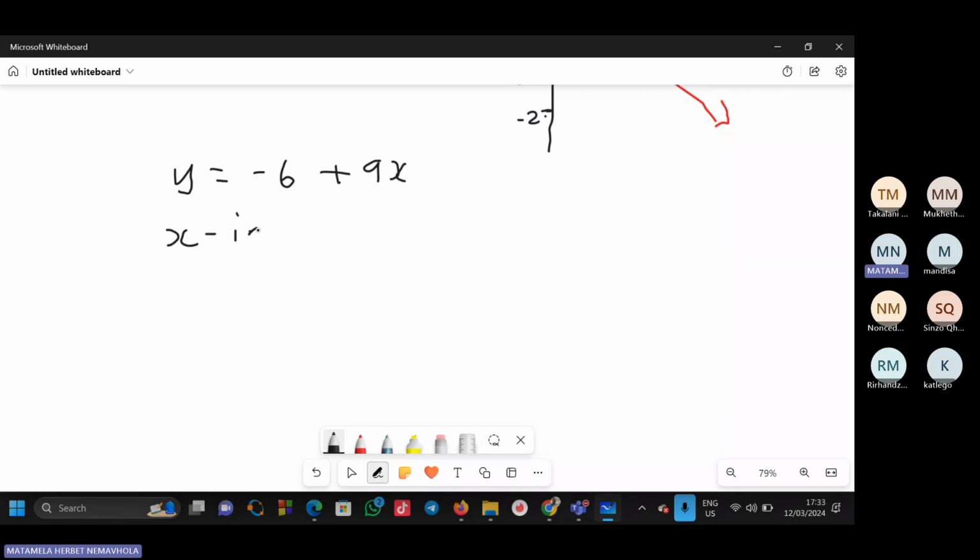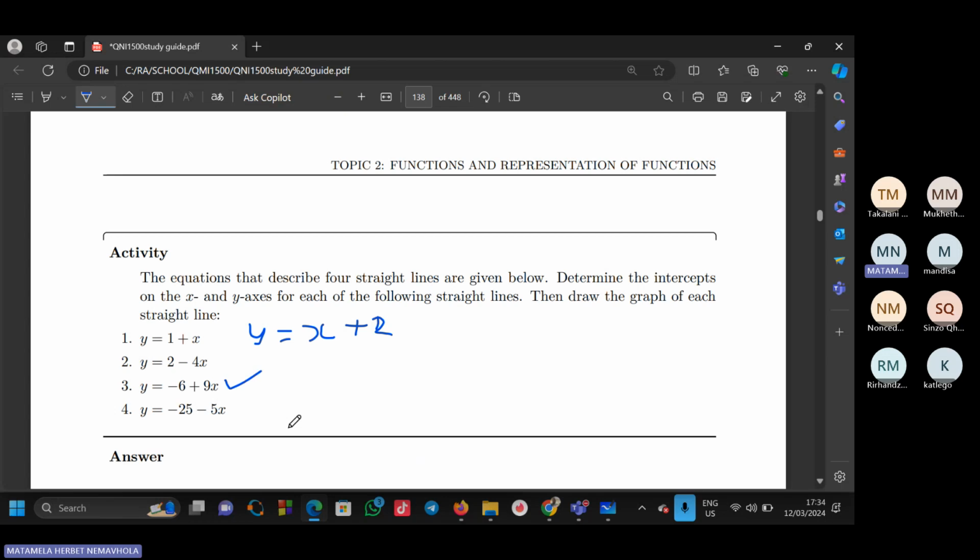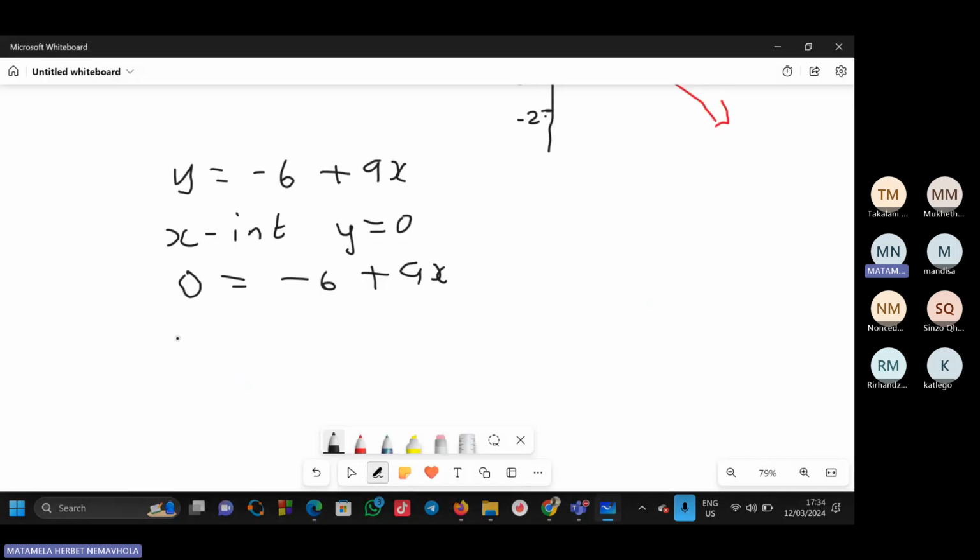Our y is going to be equal to 0, so I can say 0 equals negative 6 plus 9x. I hope I copied the right thing. Let me check. Yes, it's plus there. Then we take this 6 to the other side and change the sign. It's going to be 6 equals 9x.